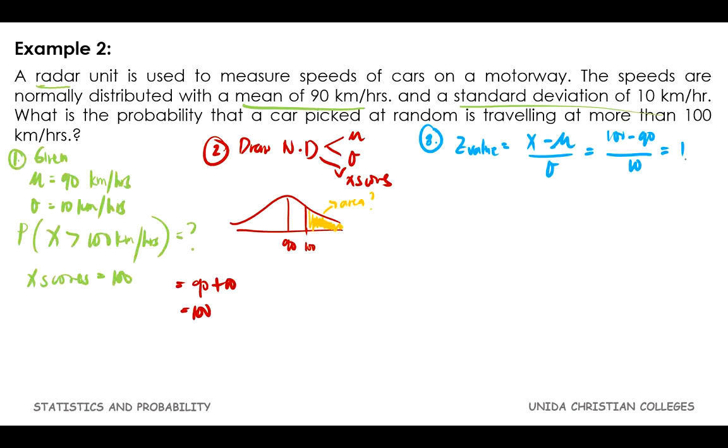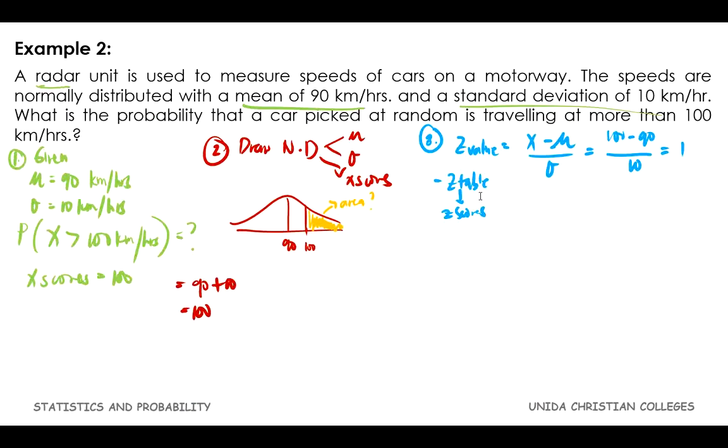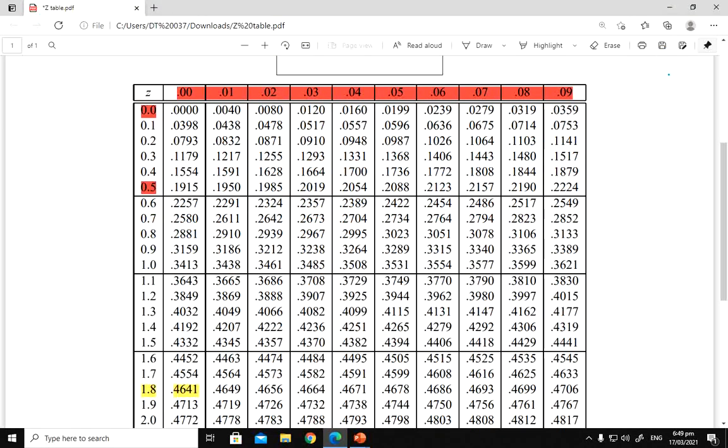Okay, next. Once na nakuha natin si Z value, ang ating next step is pumunta kay Z table at kunin natin yung Z scores. Okay, so pupunta tayo ngayon sa Z table. So, ang nakuha natin 1, so meaning, yung 1 na yan is equal kay 1.00. So, hanap tayo dito. Nasaan kaya si 1.00?